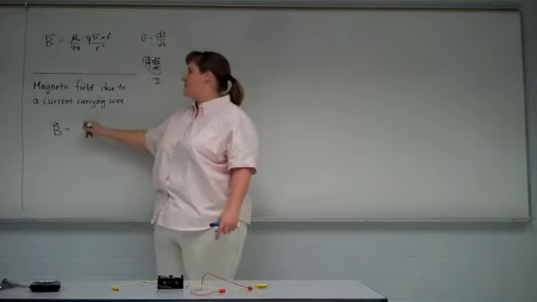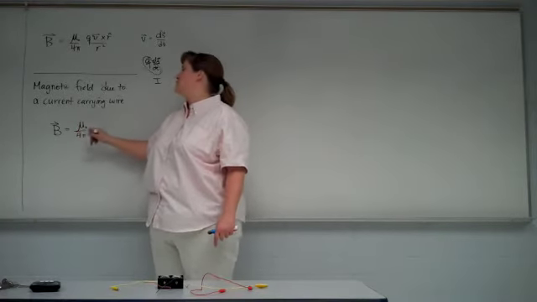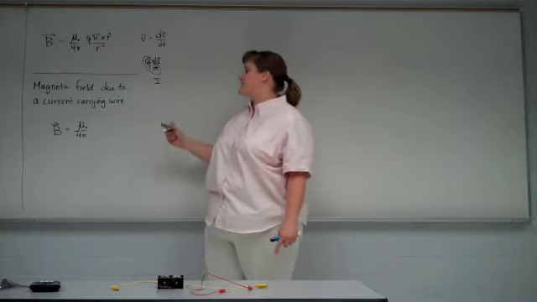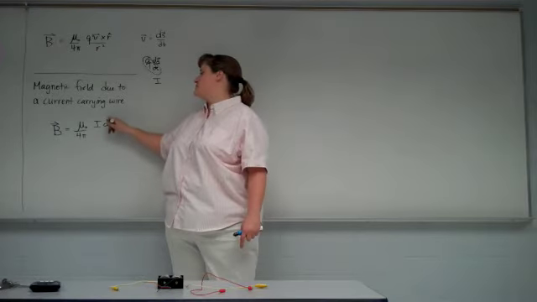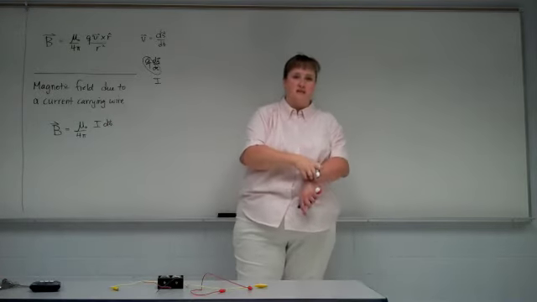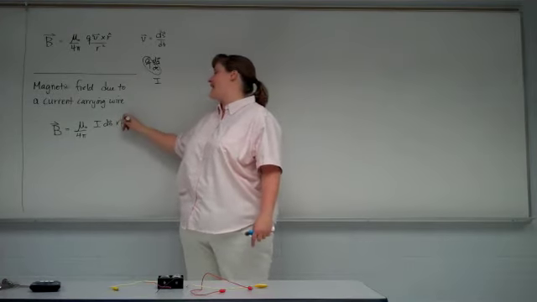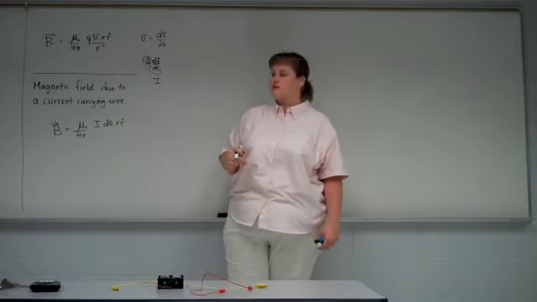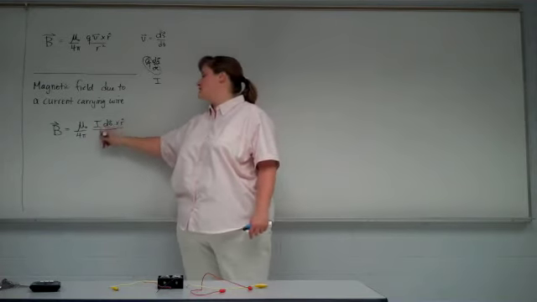So what we do for our equation, we still have the mu naught and the 4 pi. Instead of Q times V, we're going to take I, the current, times ds, some little piece of the current. And then the rest is the same. We're crossing it with the r hat vector, the little unit vector that's describing the direction.